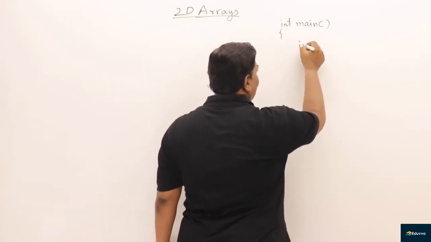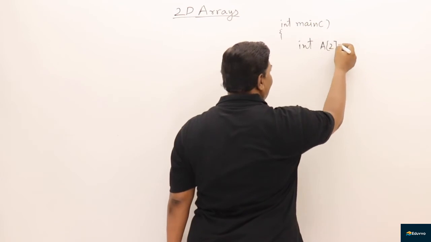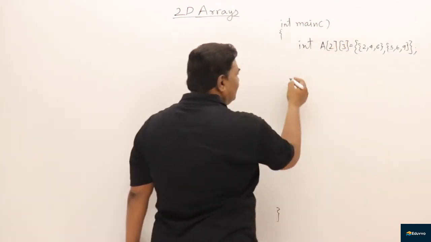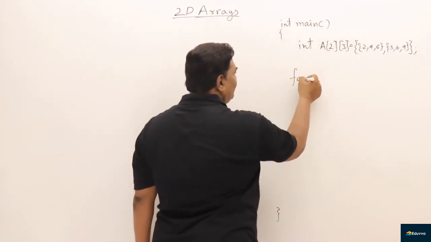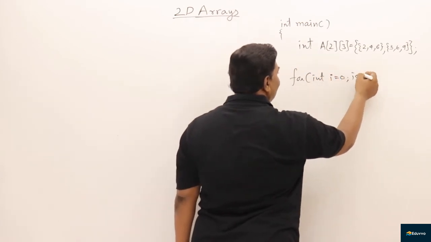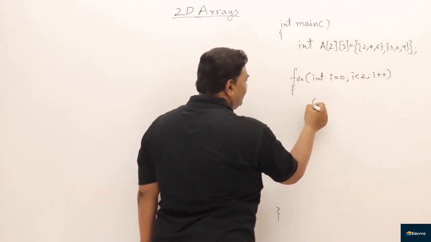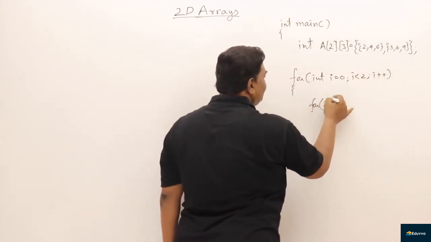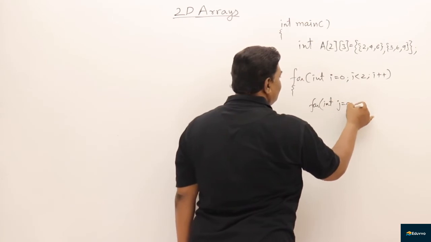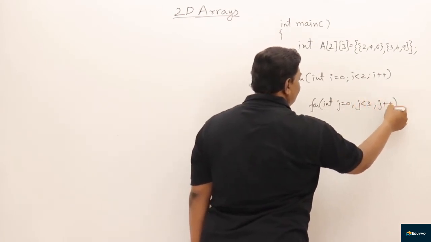So here is a program. I will declare an integer array only. See, mostly I am taking integer type arrays only. Now I will display this using 2 for loops. For integer i assign 0, i is less than 2, i plus plus, and for integer j assign 0, j is less than 3 and j plus plus.